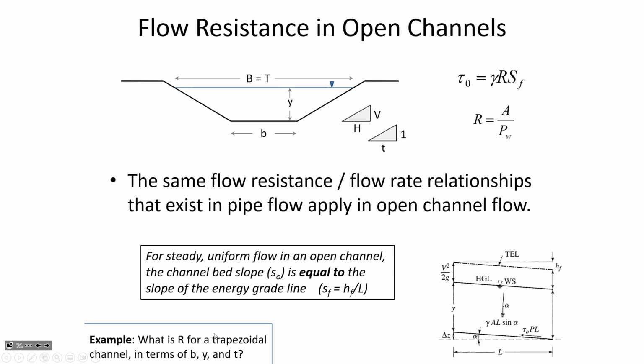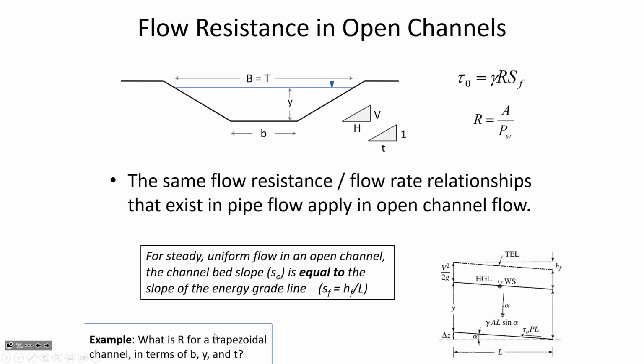So let's say that the area is B times Y, and that's the first rectangle, because the bottom width is the base of that, and Y is the depth of the flow.